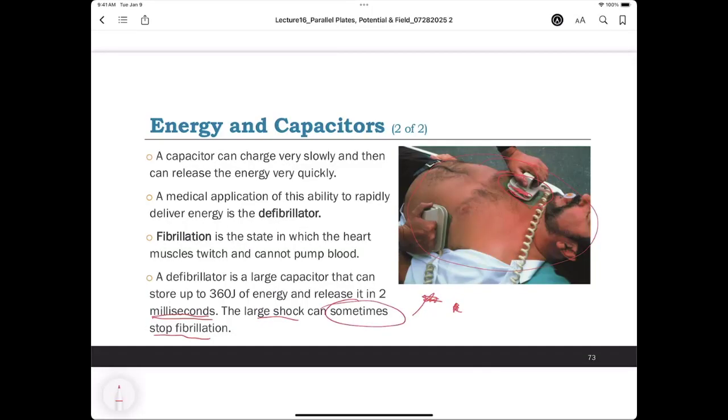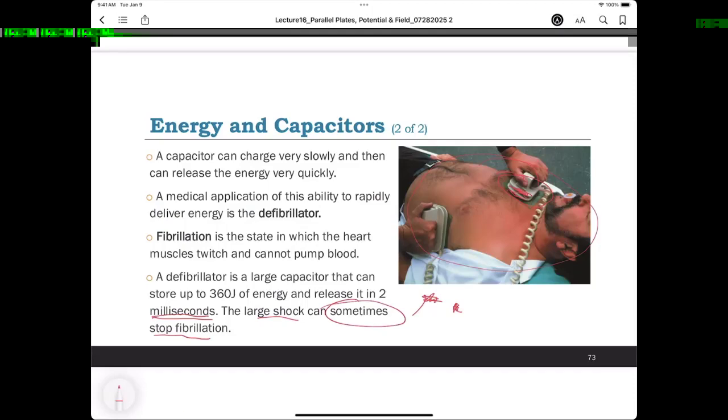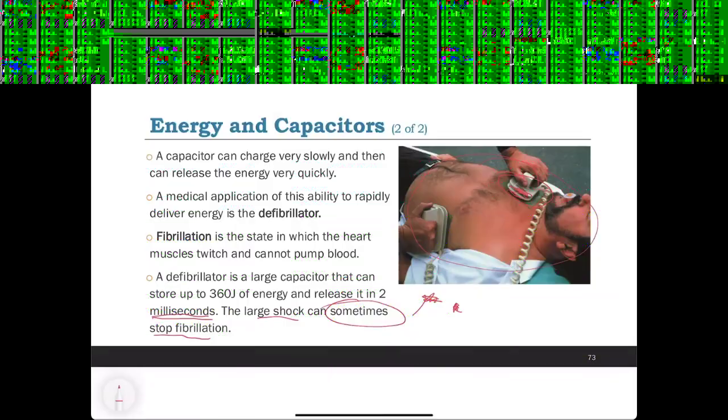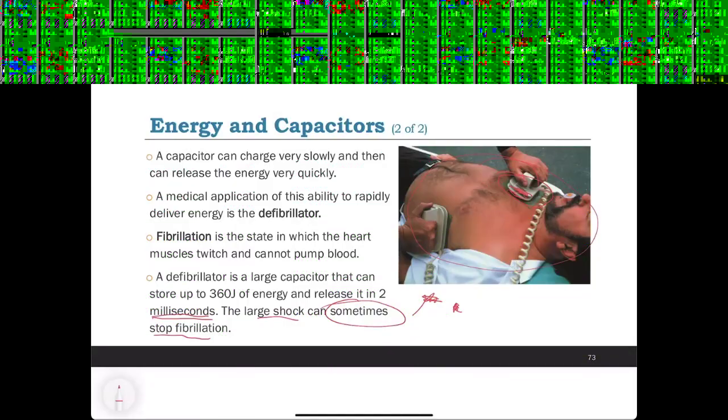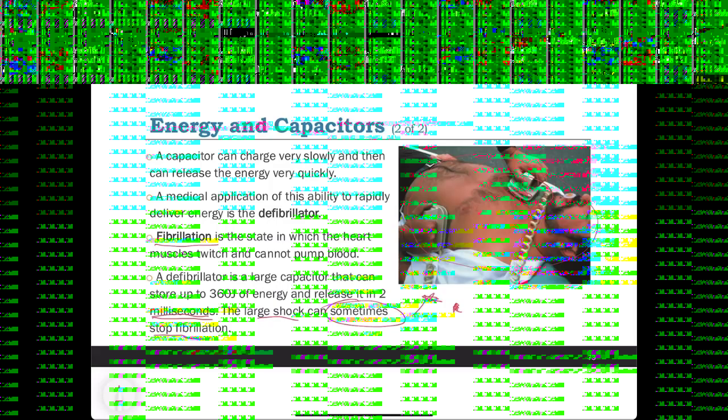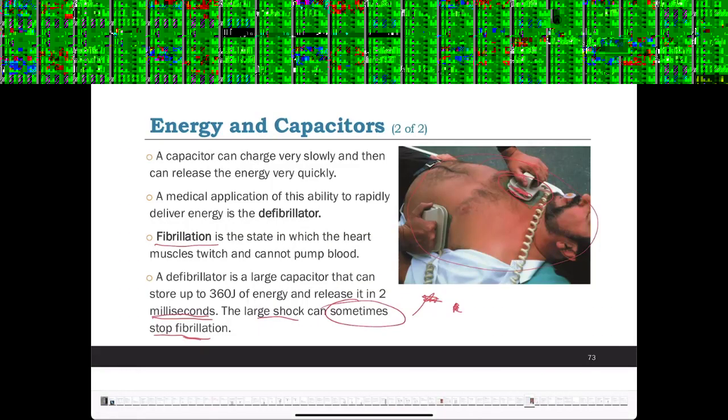So sometimes if you see the nurse or the doctor use the defibrillator but it doesn't work, it means the fibrillation cannot be stopped by this kind of shock. Sometimes it works, but sometimes it cannot.